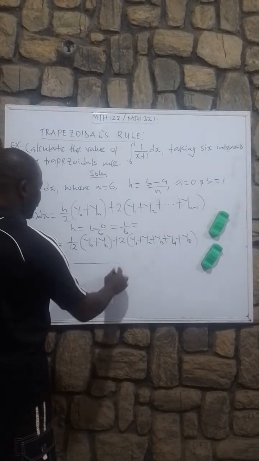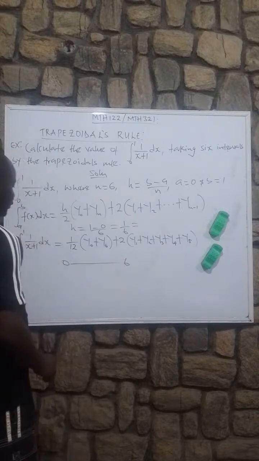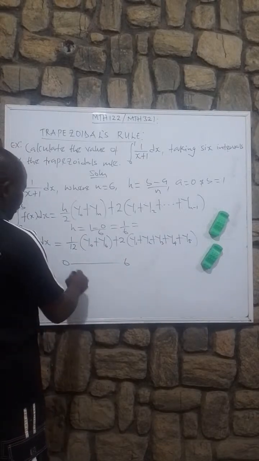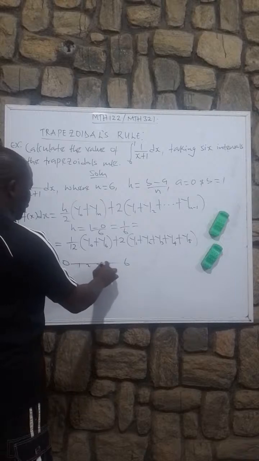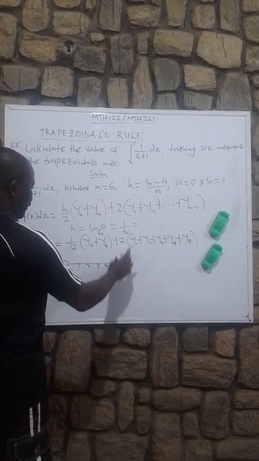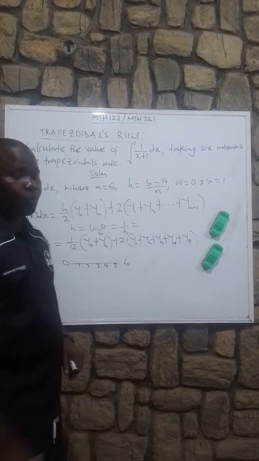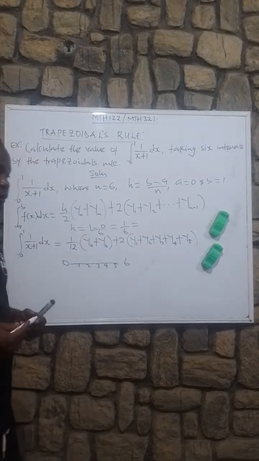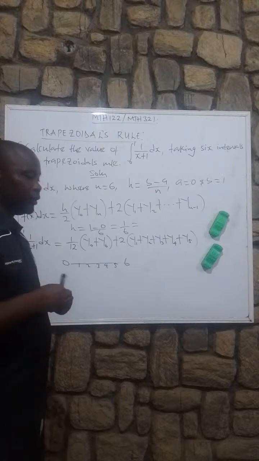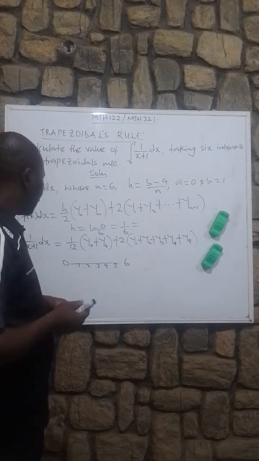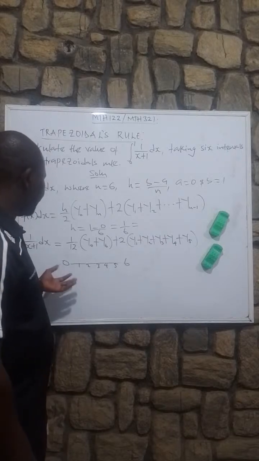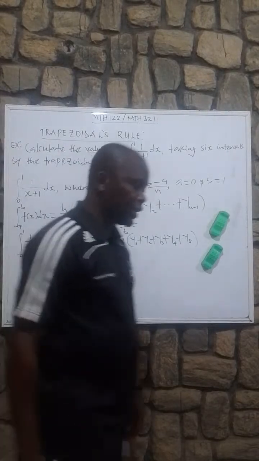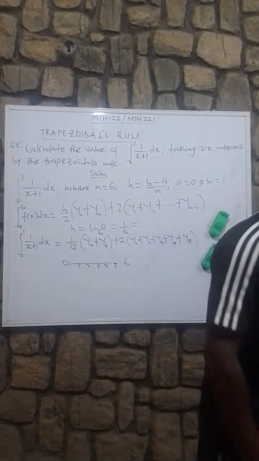This is 0 to 6. So 1, 2, 3, 4, 5. Can you see now? Are you following? So we are going to consider 0 to 6; this is the interval we will consider.